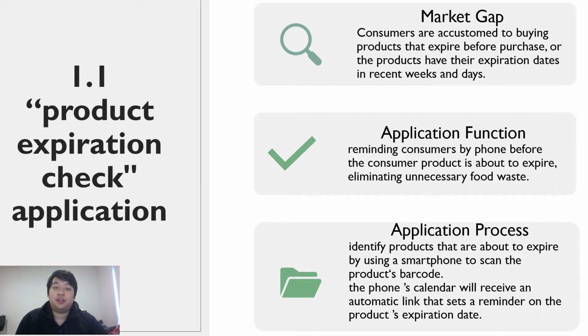The third part is the application process. Users of the app will be able to identify the products that are about to expire by using a smartphone to scan the product's barcode. Then the phone's calendar will automatically link and set a reminder on the product's expiration date.